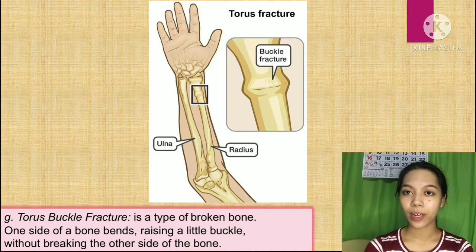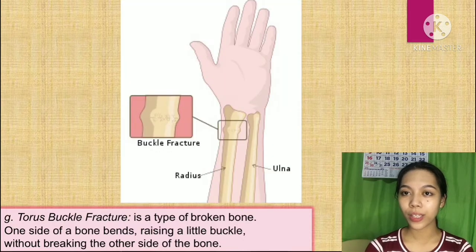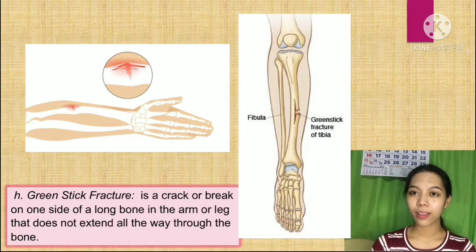Torus buckle fracture is a type of broken bone. One side of the bone bends, raising a little buckle, without breaking the other side of the bone. A splint is used to immobilize it and allows normal daily activities. Greenstick fracture is a crack or break on one side of a long bone in the arm or leg that does not extend all the way through the bone.